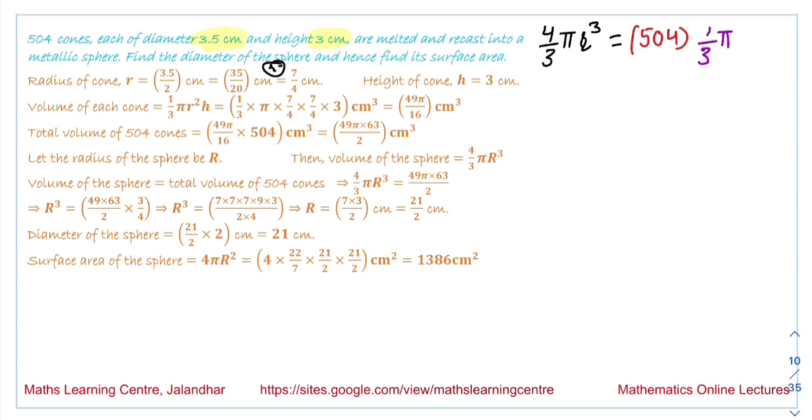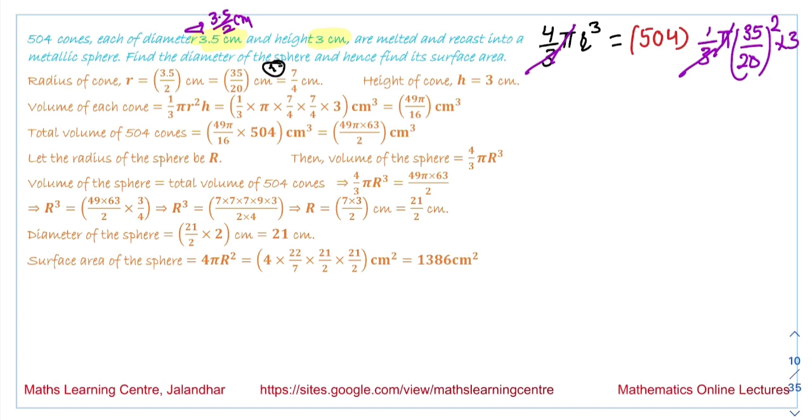The radius is 3.5 by 2 centimeters, and the height we have is 3 centimeters.